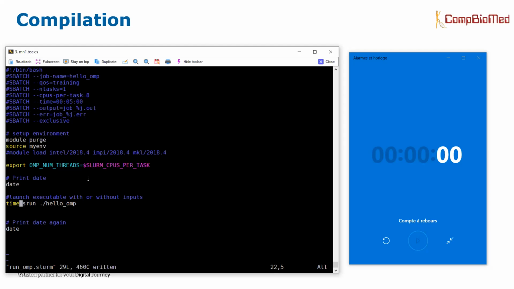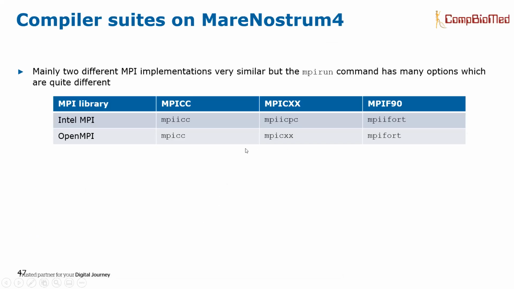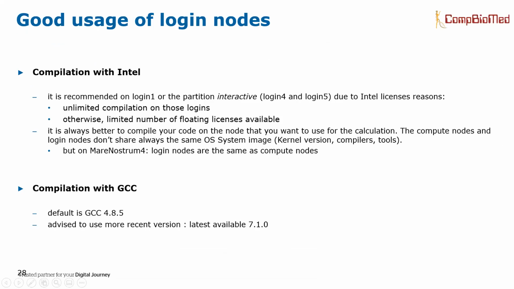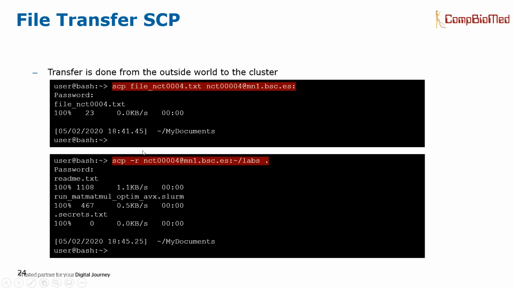If you open a local terminal on your personal computer and you do scp space, then add a -r if it is a directory, and then you need to put your login just like that here, just like in the bottom.